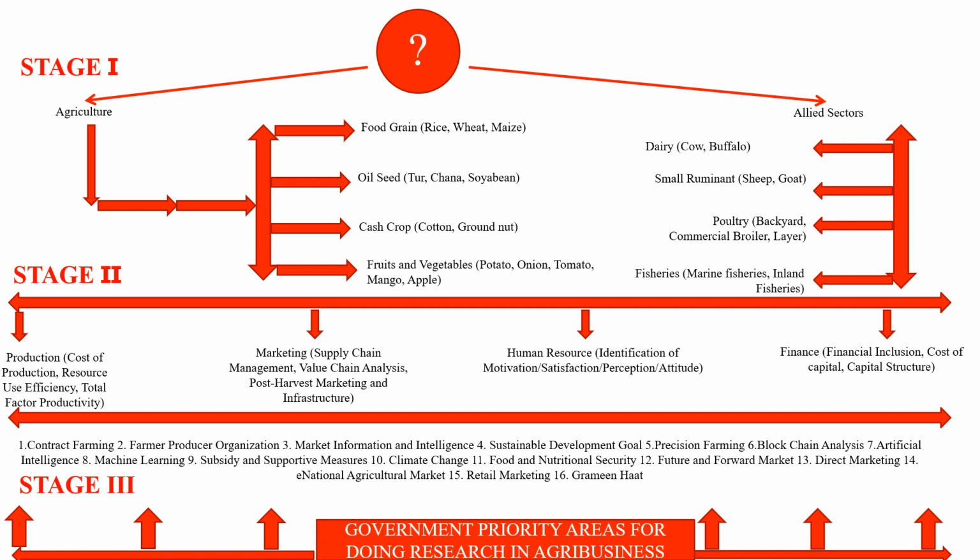Again, when you have identified the sector, then you have to identify whether you have interest in marketing, whether you have interest in production, HR, and finance. Again, you have to identify what are the major impactable areas of Government of India or Government of Gujarat.